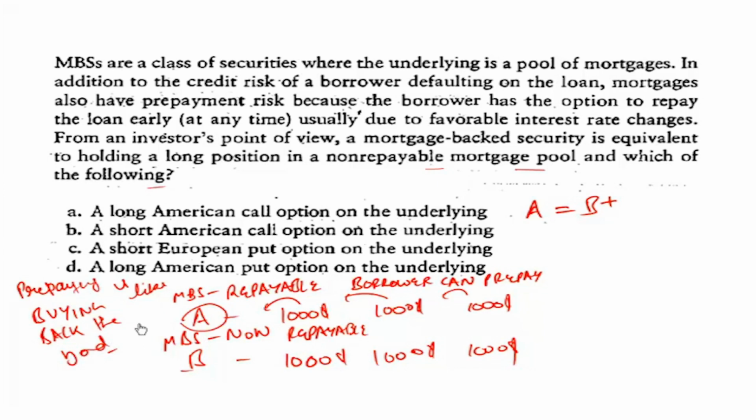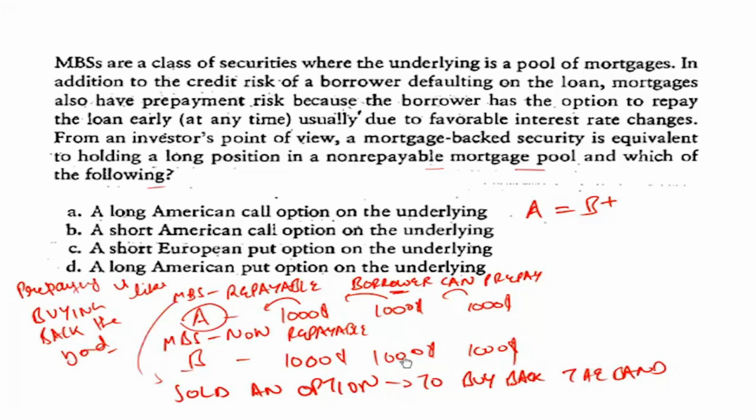That means you have given the borrower the option to buy back from you. Or in other words, you have sold an option or you have given an option that allows the borrower to buy back the bond.